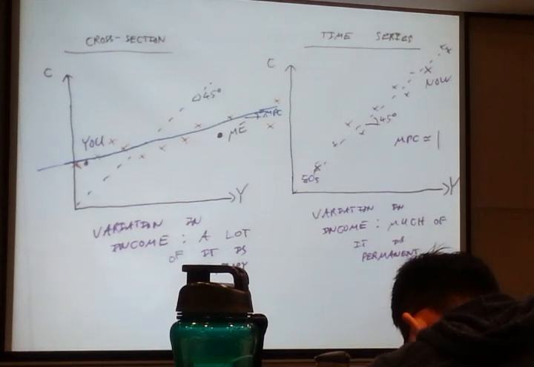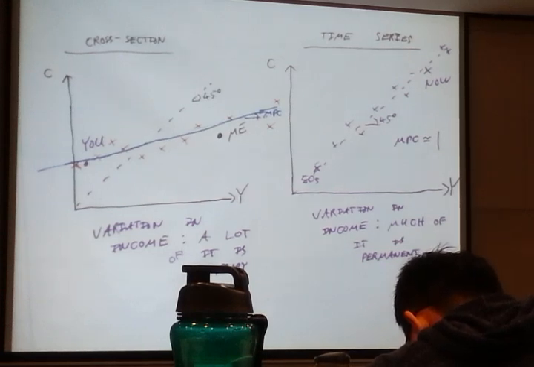So these patterns are consistent with the Fisher model of consumption, because the Fisher model tells you that the marginal propensity to consume is different when income variation is temporary compared to when it's permanent.